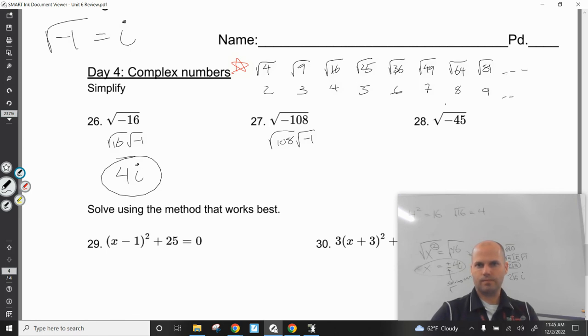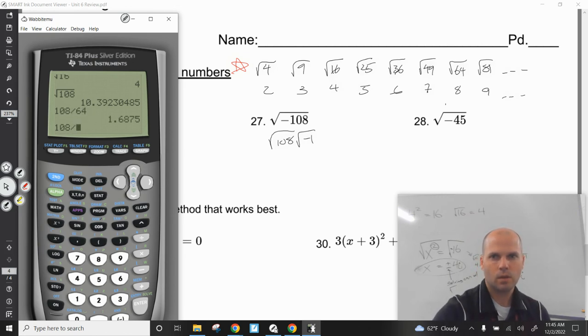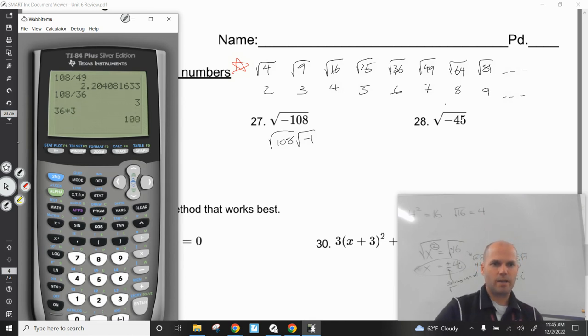And it keeps going. We usually don't have to worry about anything beyond that. Take the number 108. Let's start dividing by numbers like 64, 49, 36. All right, 36 times 3 is 108.